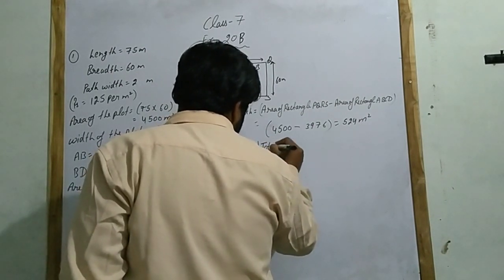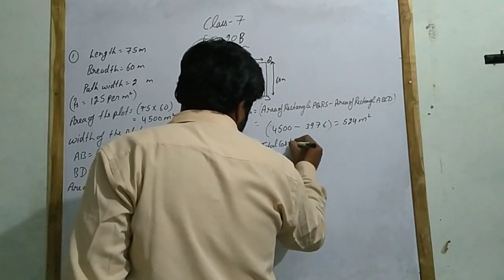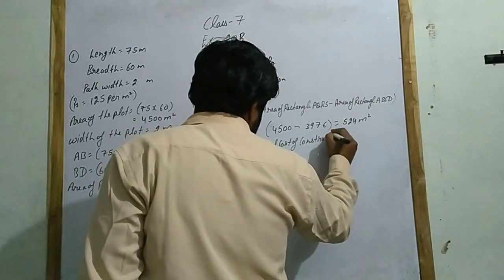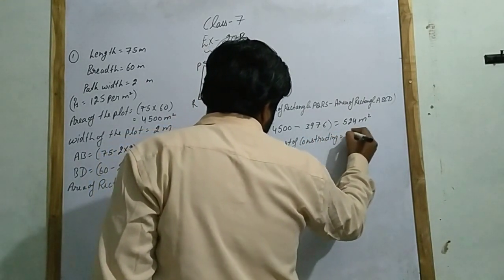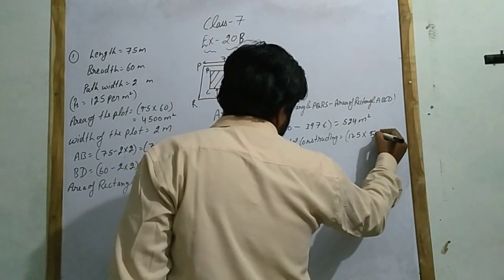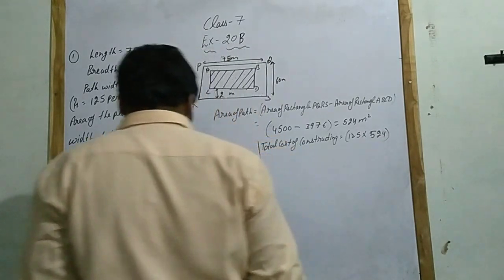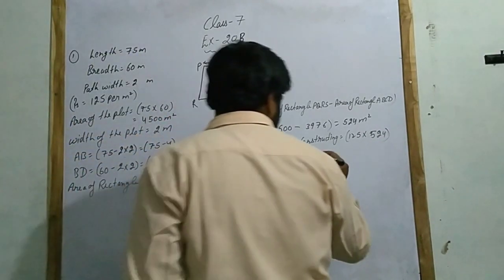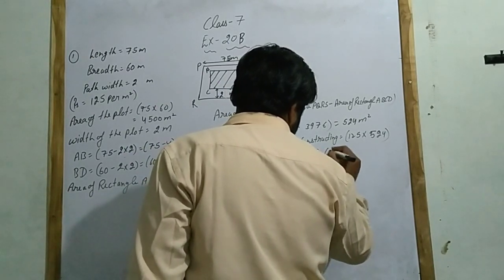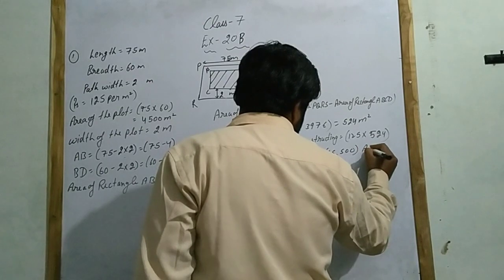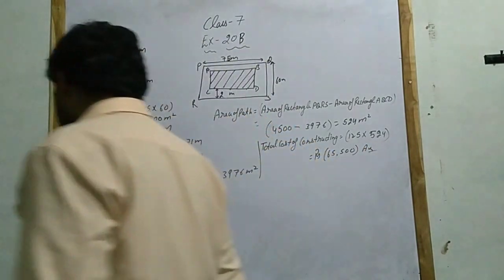After that, we have to find the cost of constructing at rupees 125. Total cost of constructing equals 125 multiplied by 524, which will be 65,500 rupees. This is your answer of question number 1.